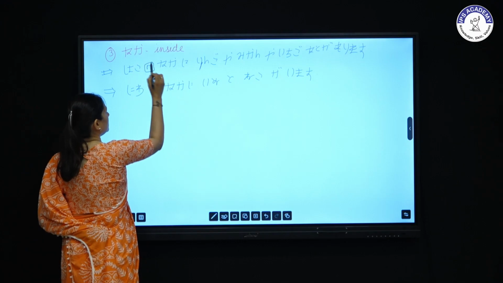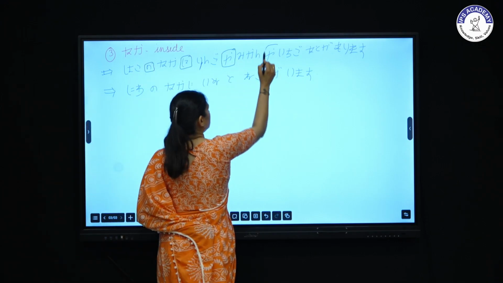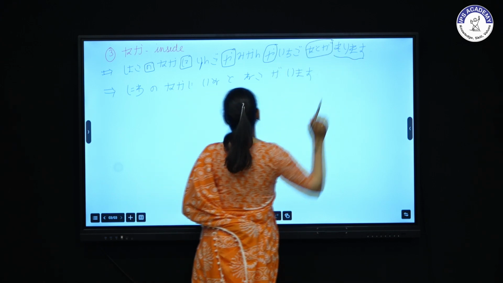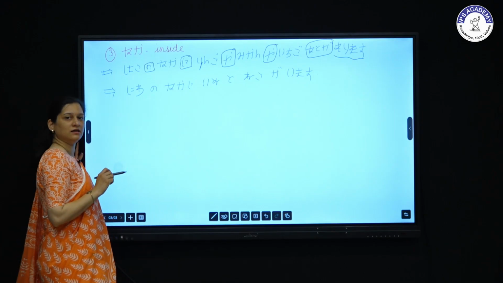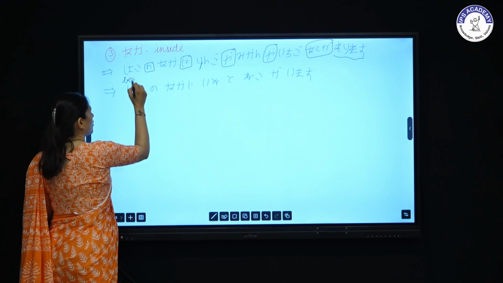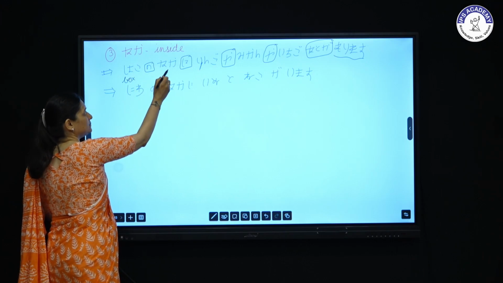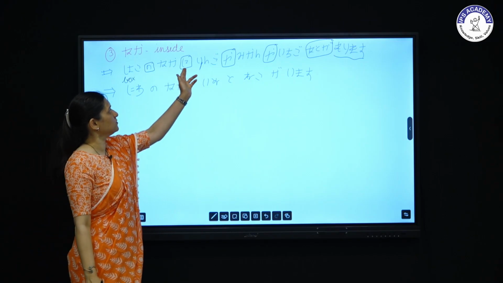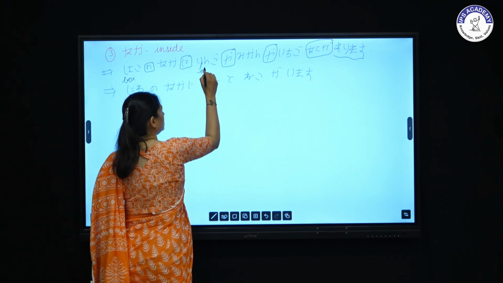Hako no naka ni ringo ya mikan ya ichigo nado ga arimasu. Hako wa nan desu ka? Box desu. Hako is box. Box के अंदर. Naka is inside. So after preposition we will use ni particle. Okay. Ringo is apple.